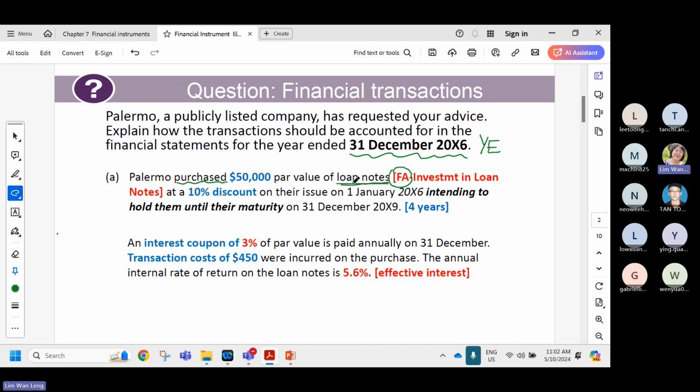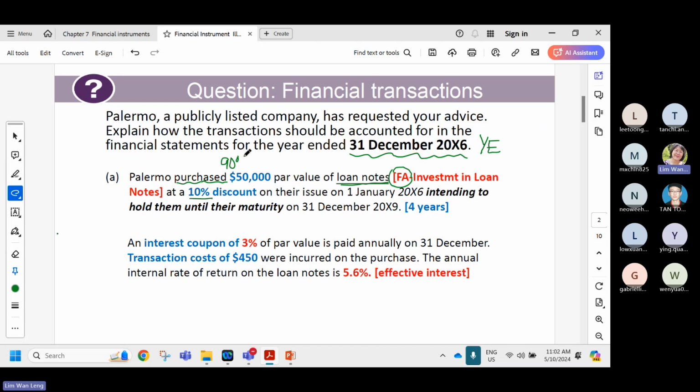Okay, so they tell you they purchase the 50,000 par value, which means that the loan notes have a value of 50,000. But when they purchase it at that time, a 10% discount was given. So when Palermo actually pays for this particular 50,000 face value of the loan notes, they only pay 90%.